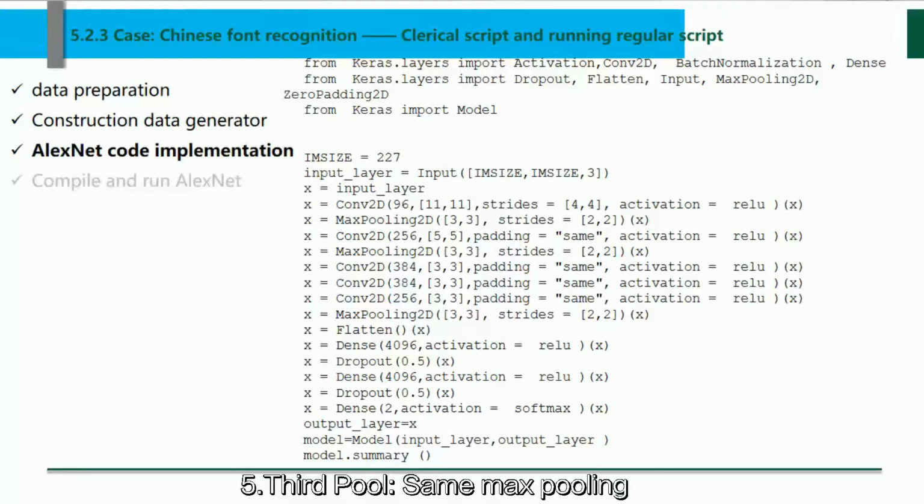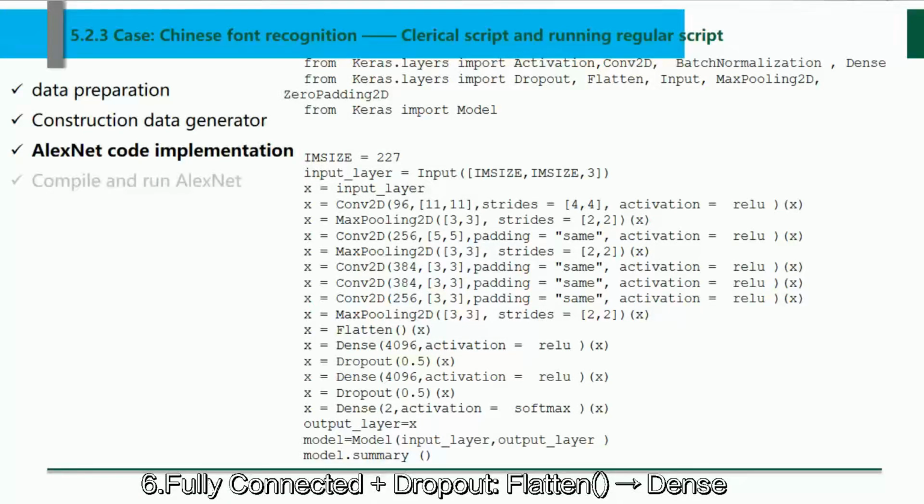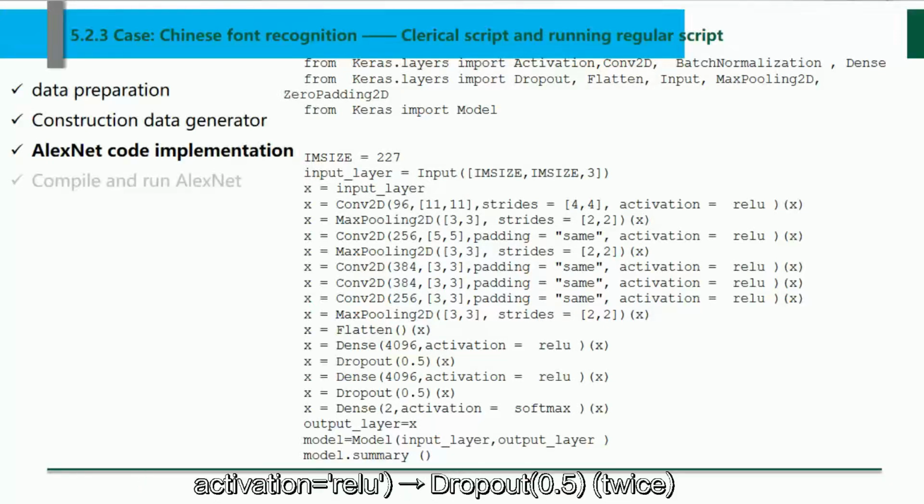Fifth, third pool, same max pooling. Sixth, fully connected plus dropout, Flatten, Dense 4096, activation equals relu, Dropout 0.5, twice. Seventh, output layer, Dense 2, activation equals softmax, 2 units for 2 font classes. Finally, model.summary prints the full structure.